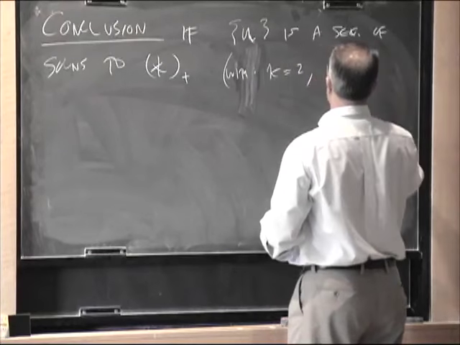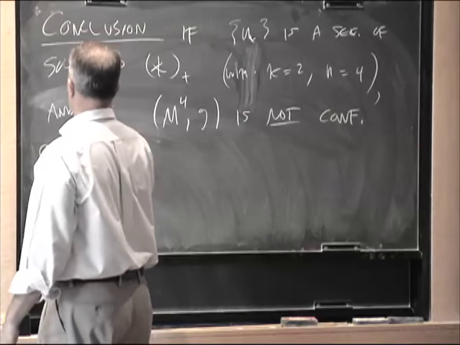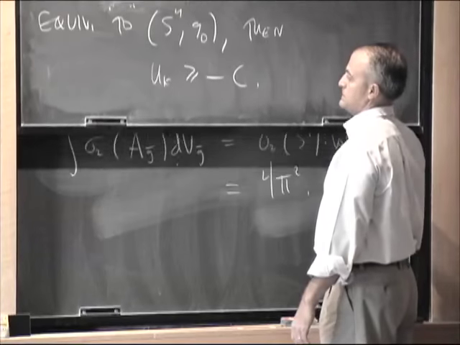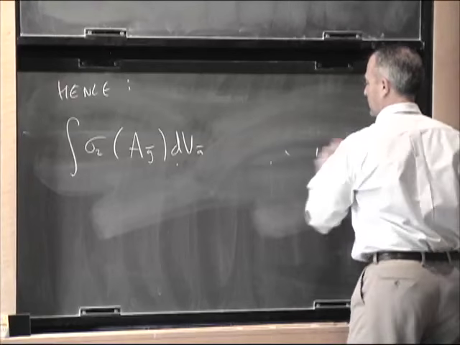Then let me state it this way: if your underlying manifold is not conformally equivalent to the round sphere, then you have a universal lower bound for the sequence. Again, the estimates tell you you control derivatives now, but let me make one more comment.